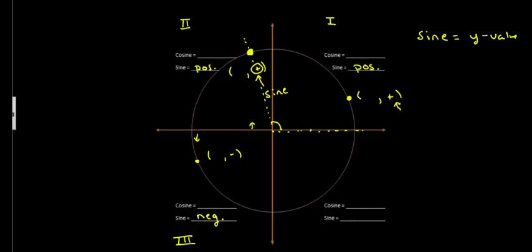So any angle that ends up in quadrant number 3 over here will have a negative sine value. Likewise, if we end up in quadrant 4, the y coordinate is negative, so sine is also negative in quadrant 4.